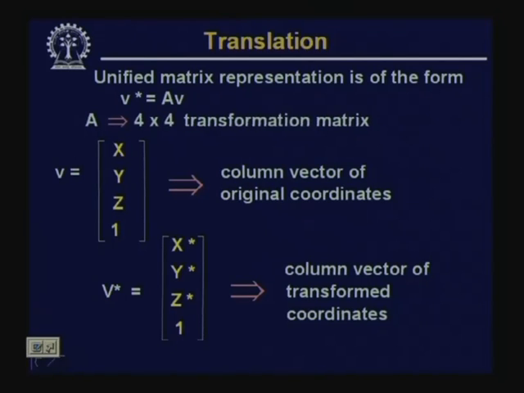Similarly, the transformed position vector V star is also a 4 dimensional vector having components x star, y star, z star and 1. So, this is how in the unified matrix representation we can represent the translation of a position vector or a translation of a point in 3 dimension.